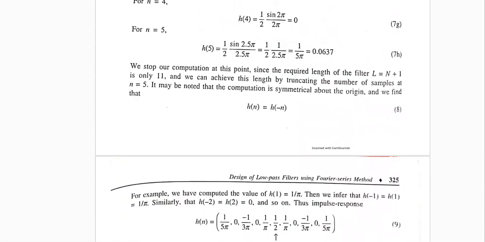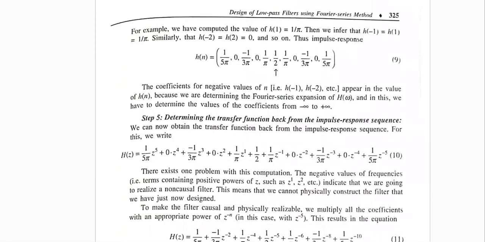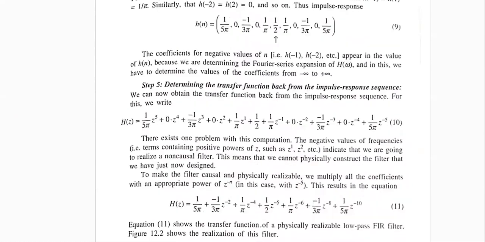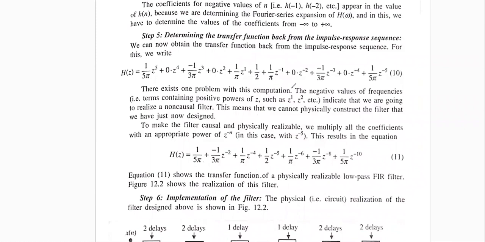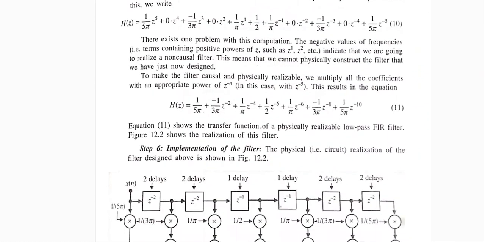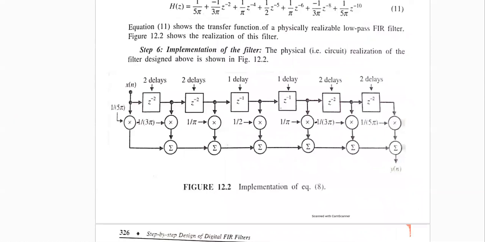From the Hn, we define the coefficients. After having the coefficients, you need to determine the z transformation. If that is a non-causal system, make it a causal system and then implement it in the circuit, and that's it. Filter design is always a trial and error method.